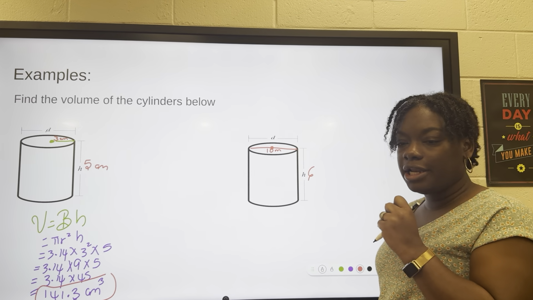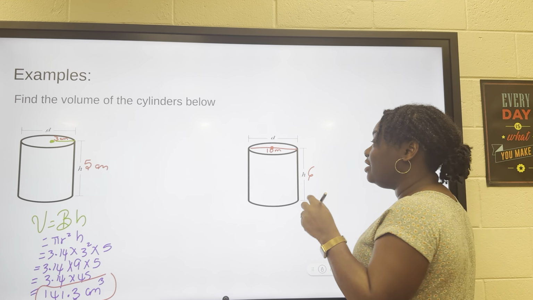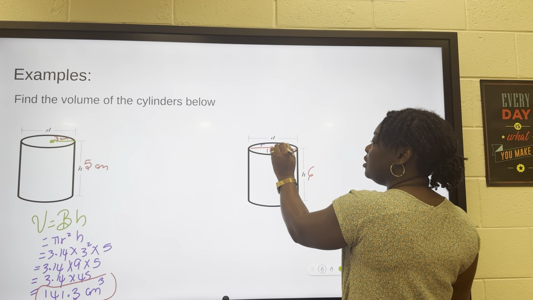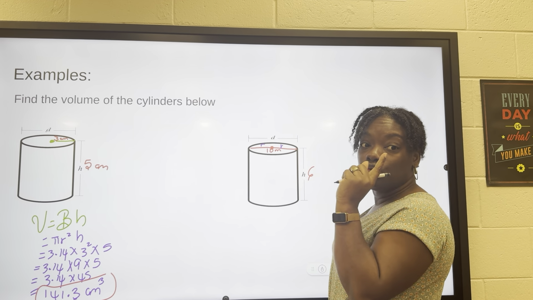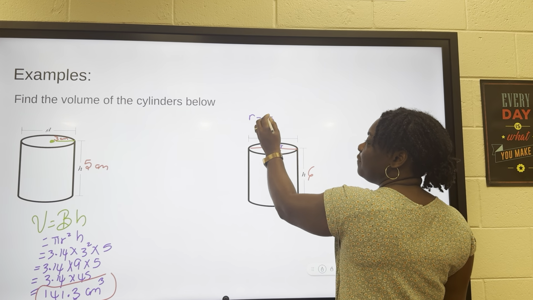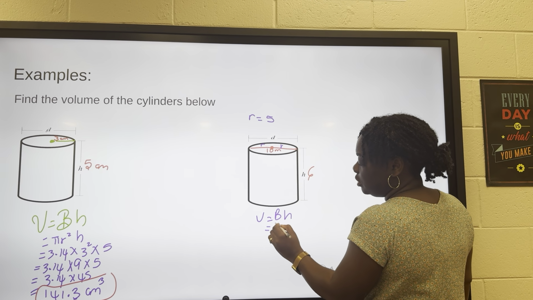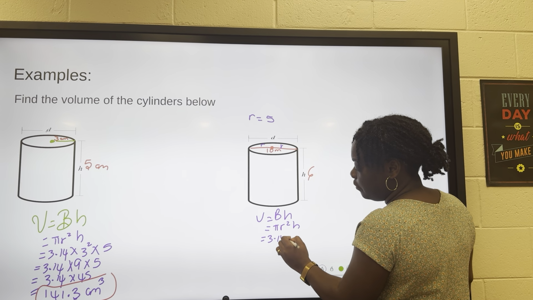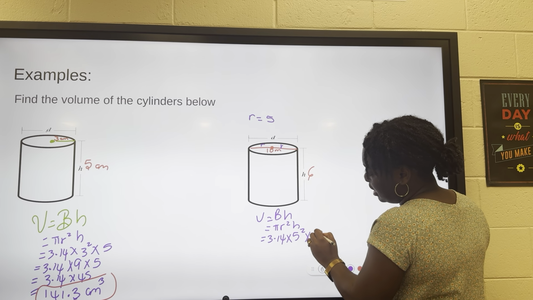Now let's do this one. In this case, they gave you the diameter. They did not give you the radius, but we know that the radius is half of the diameter. So the diameter makes 2 radii. What will be my r? r is equal to 5. So V equals BH, which is pi r squared H: 3.14 times 5 squared times 6.